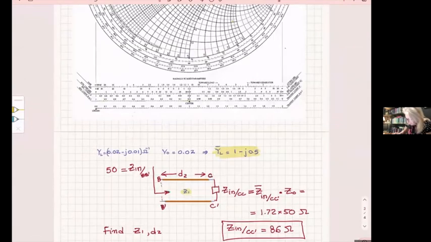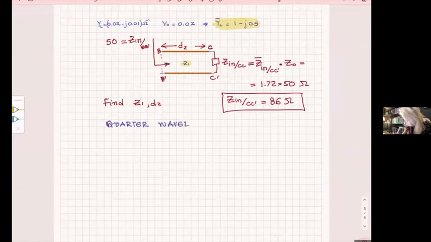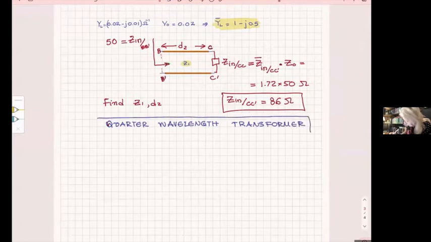I remember the quarter wavelength transformer, as we call it. What does that mean? That's very important. You need to remember it.